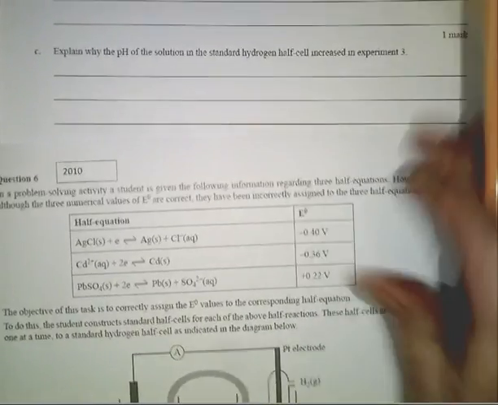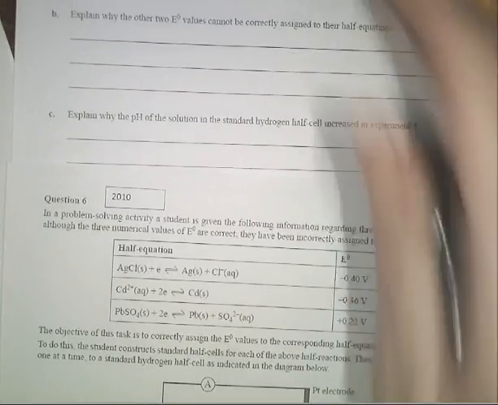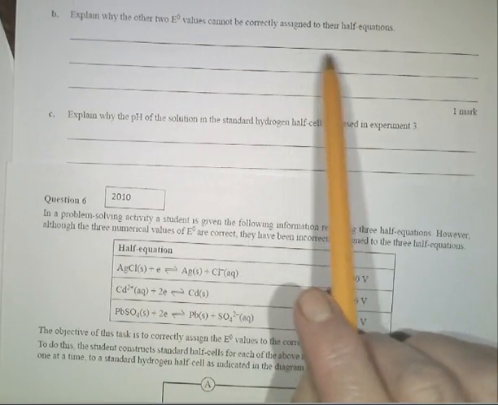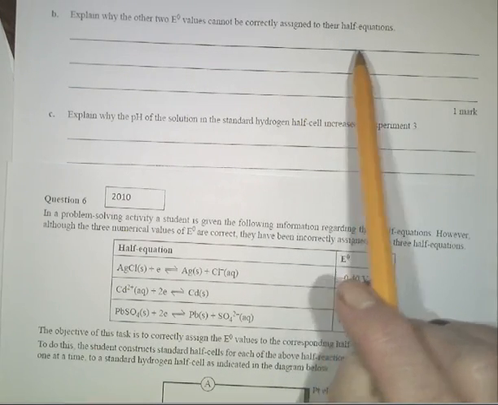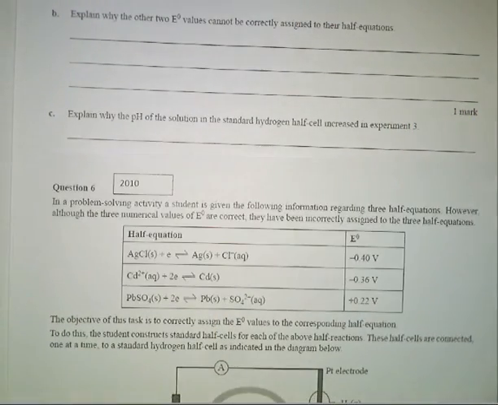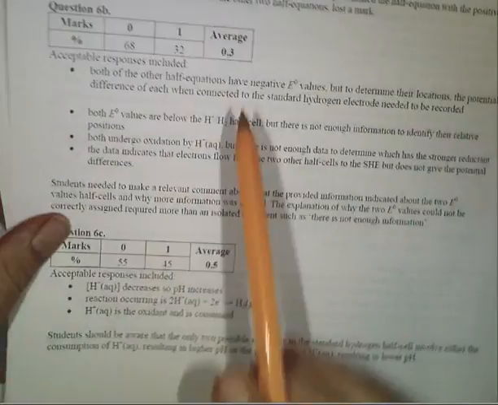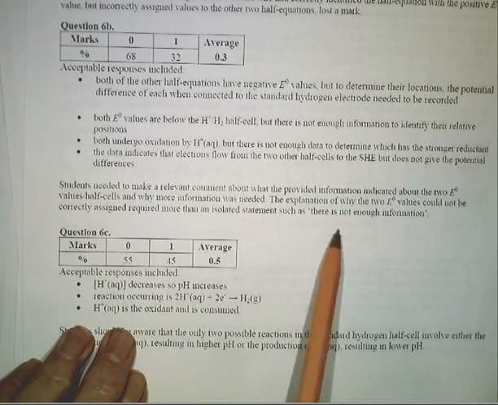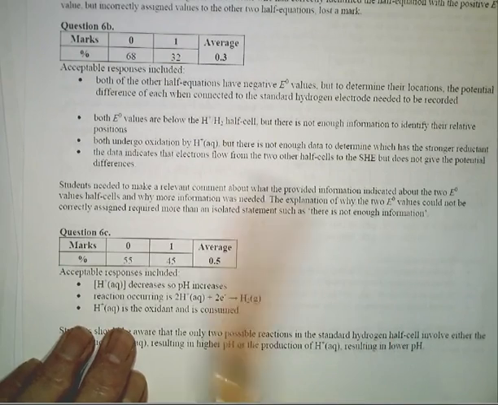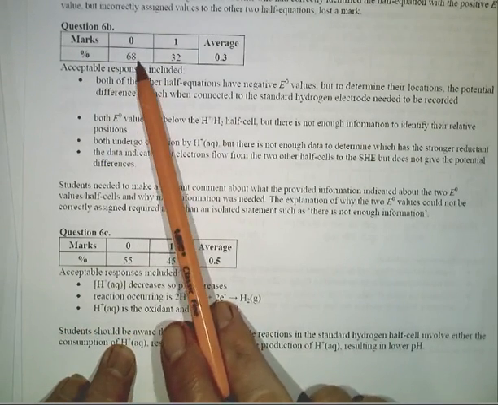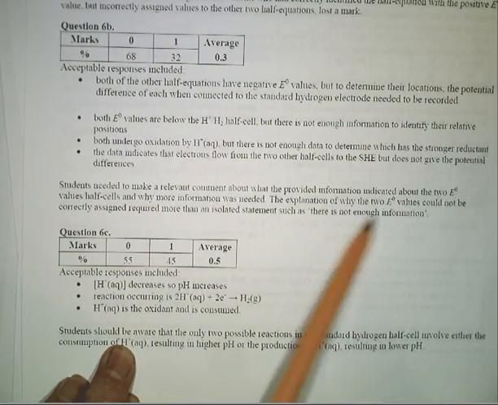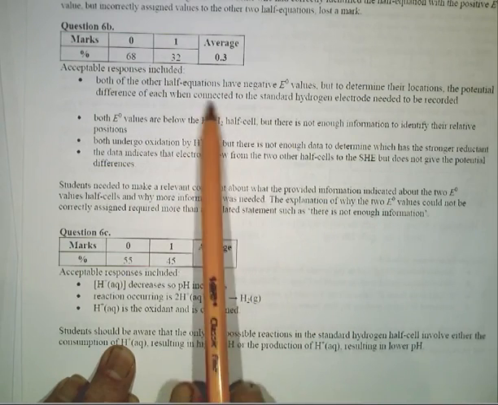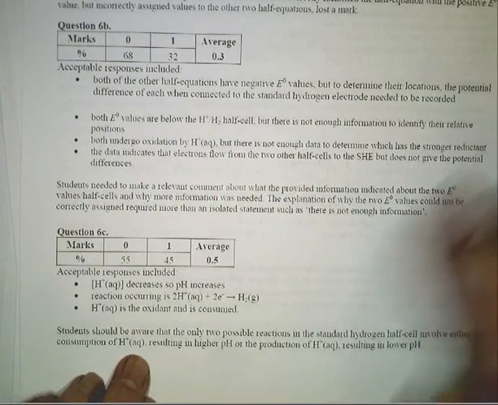So explain why the other two E0 values cannot be correctly assigned to their half equations. You can't just say that there was not enough information. 68% of people didn't get this because they realised there wasn't enough information, but they didn't explain the type of information that you might have needed.